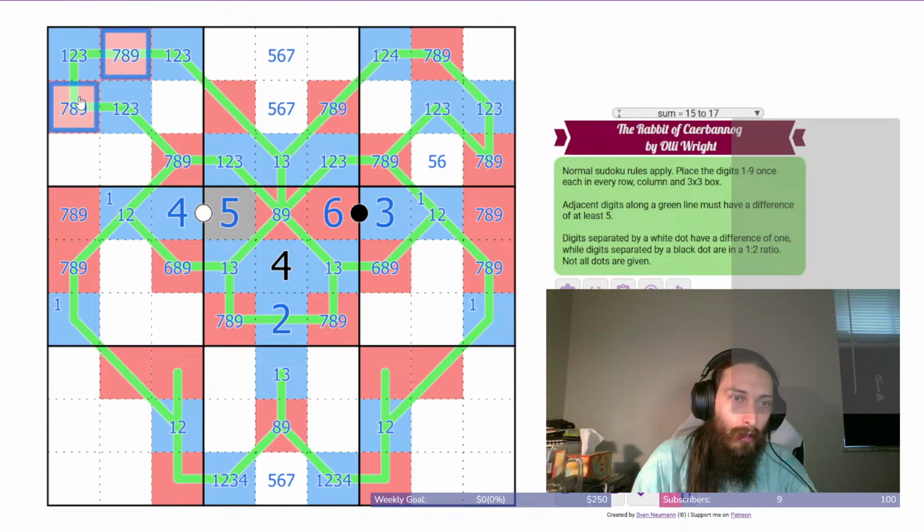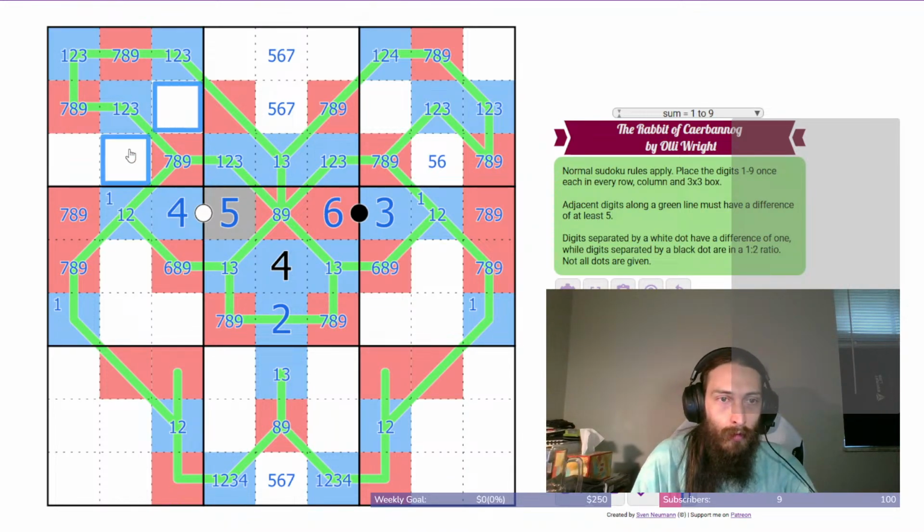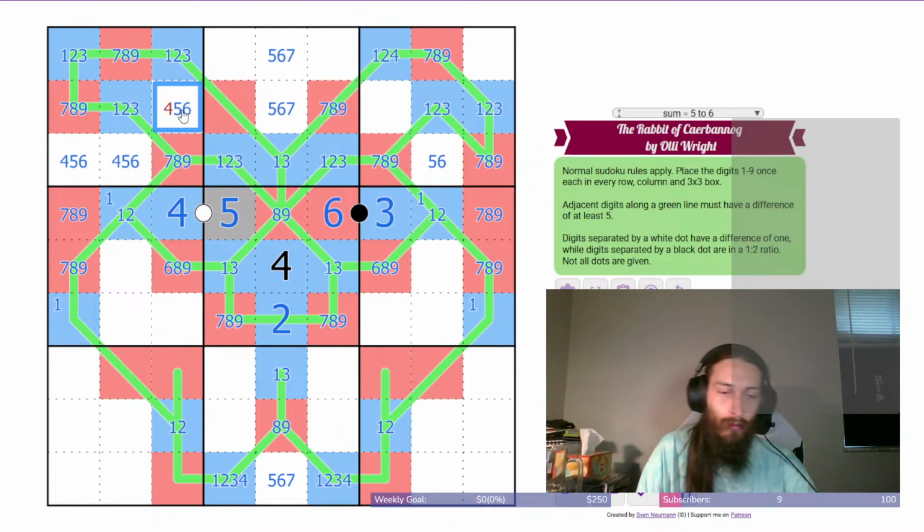These have to be 7, 8, 9, because their neighbors are in the same box. So those are 4, 5, 6. So 4.